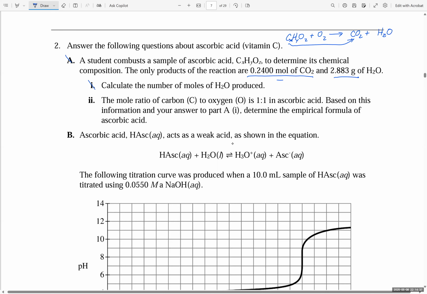Oxygen is all over the place, and O2 is in excess, so that oxygen is not useful. But the 0.1600 of H2O allows us to figure out how much hydrogen we have, which is completely from the ascorbic acid. And that makes this easy because they said the carbon and oxygen is a 1:1 ratio. So once we figure out the carbon, we figure out the oxygen, and we're good to go. So let's go solve this.